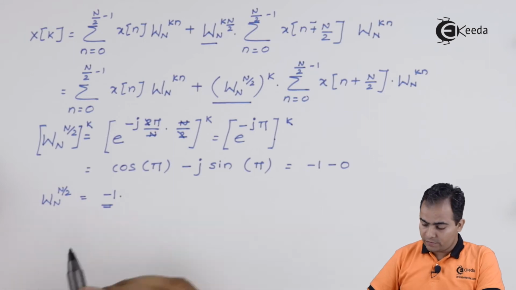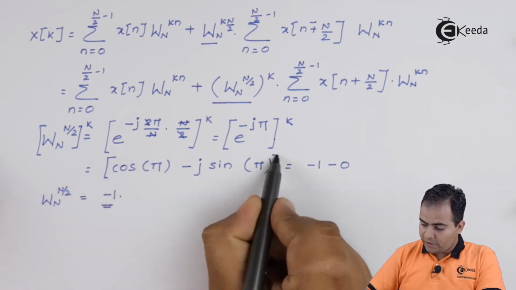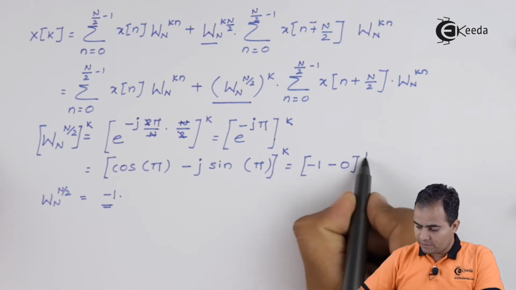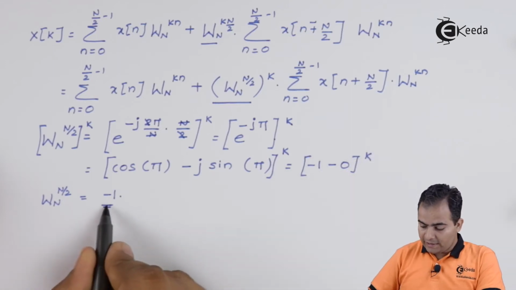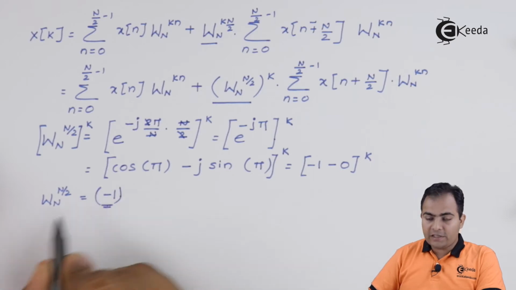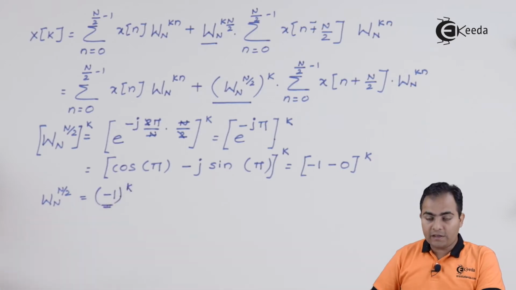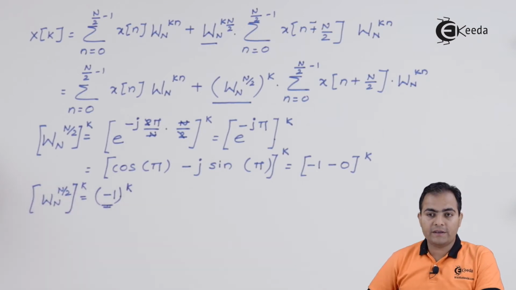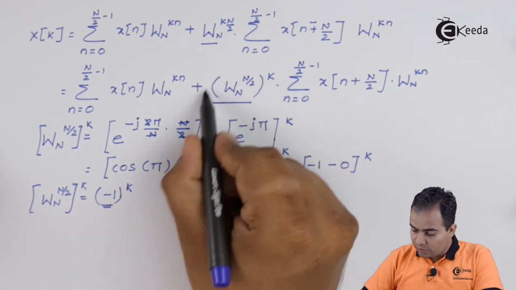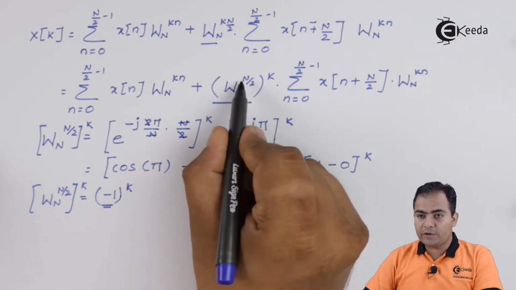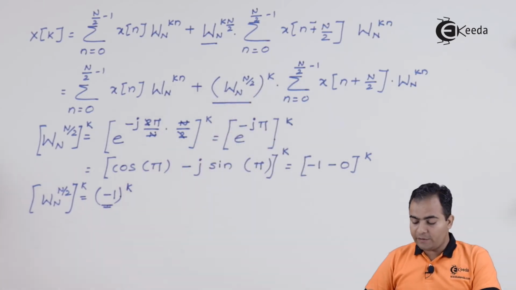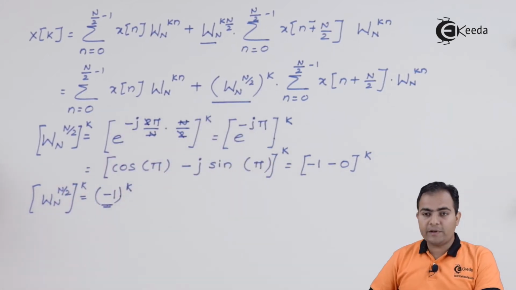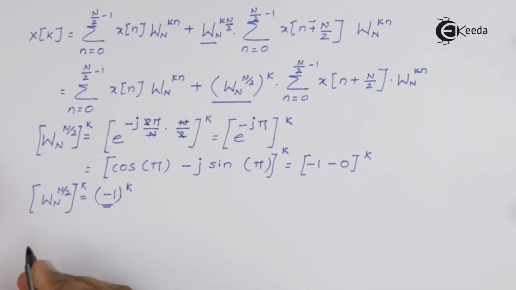So I can say that in the power of minus 1 we will also have a k if we write a power k over here. So this whole bracket, omega n to the power n by 2 raised to power k, is replaced by minus 1 to the power k.